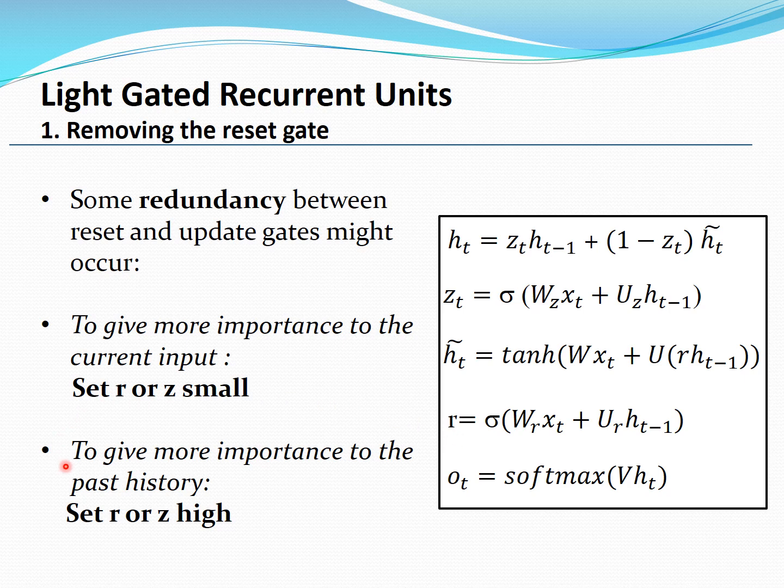And the same arises if you would like to give more importance to the past history. In this case, you can set very high activations for the update gate or very high activations of the reset gate. So there is a kind of redundancy in the role played by these gates.